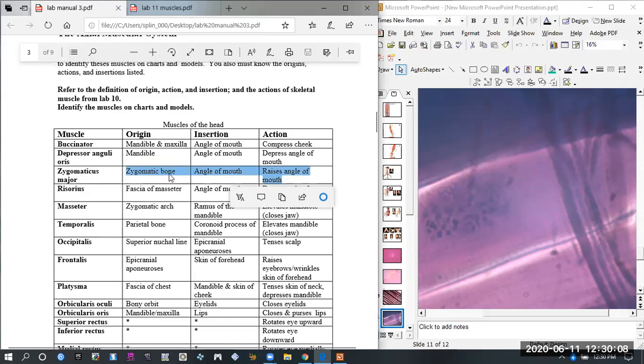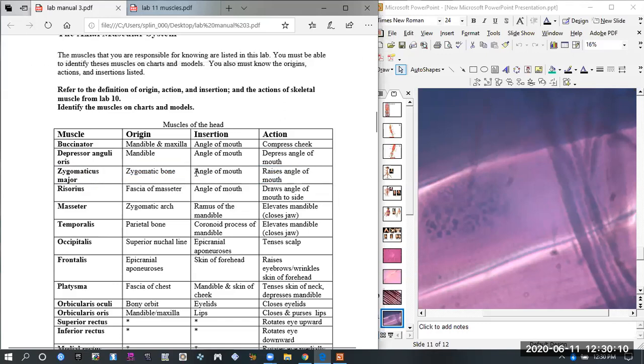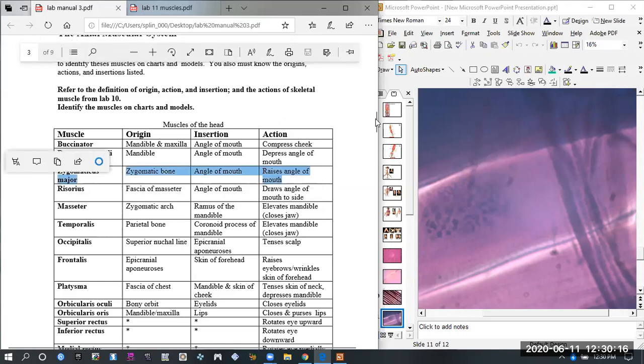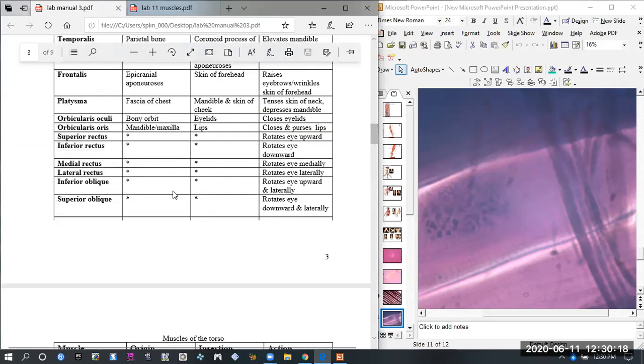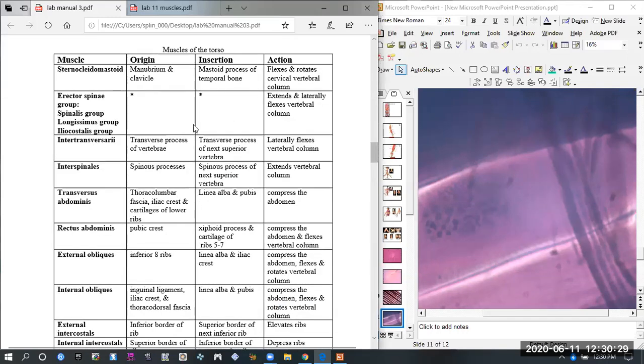Give the origin of the muscle labeled, give the insertion of the muscle labeled, or give the actions of the muscle labeled. And again, if there's a star, you don't have to fill in that data point. You would not be asked this information. So just the actions for these muscles here on the eye, and the same as you see down here.